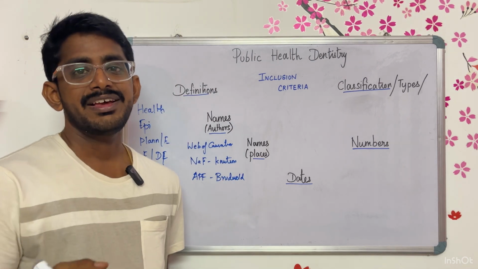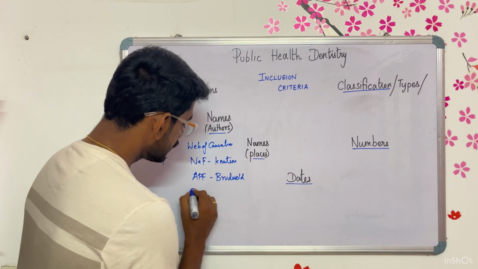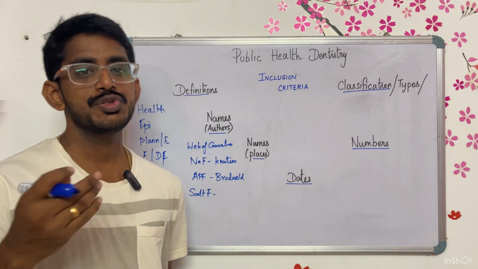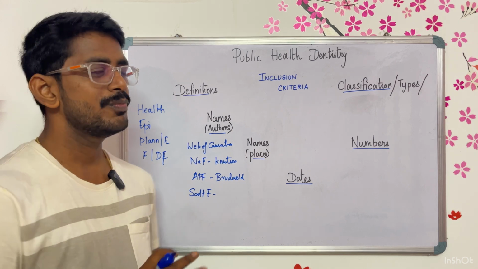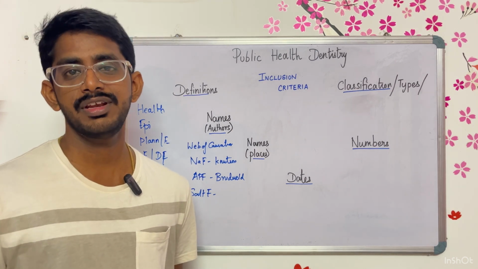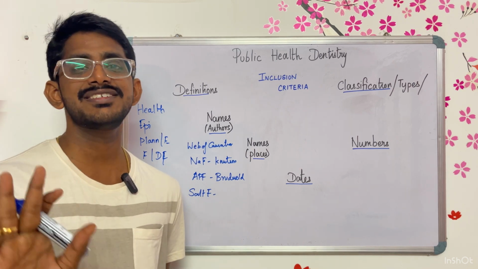The colorimetric caries activity test was given by Snyder. Salt fluoridation was advocated in Switzerland by Wespi. So these are just a few of the names. There are so many author names. Okay, so whenever you read an answer, if there is an author name, just mug it up.